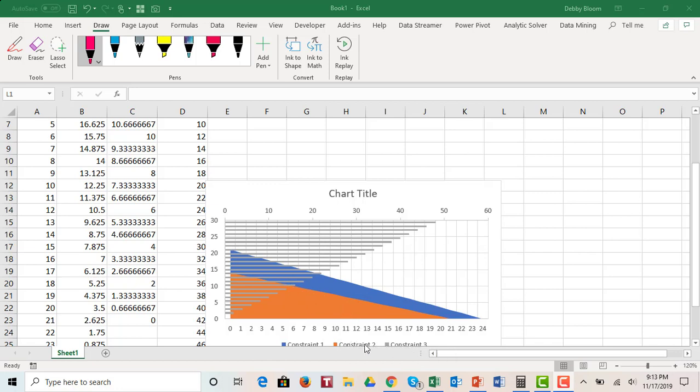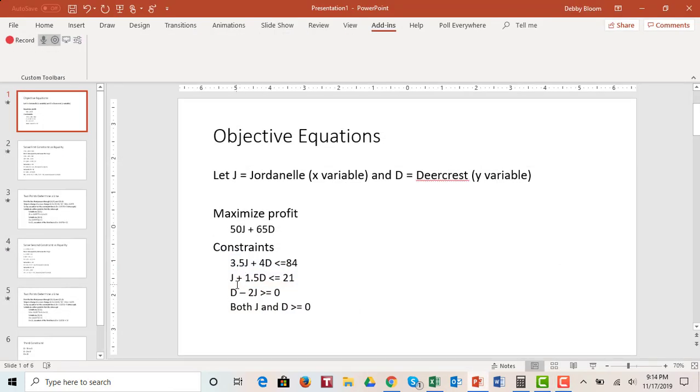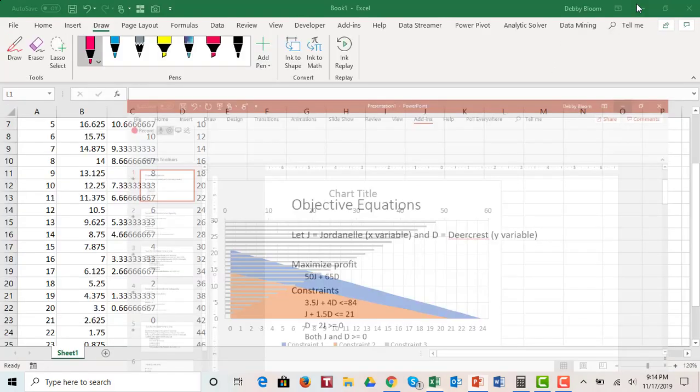So we're going to be looking at the intersection of constraint 2 and constraint 3. Constraint 2, j plus 1.5d, we're going to turn it into an equation, equals 21, and d minus 2j equals 0, so d equals 2j.